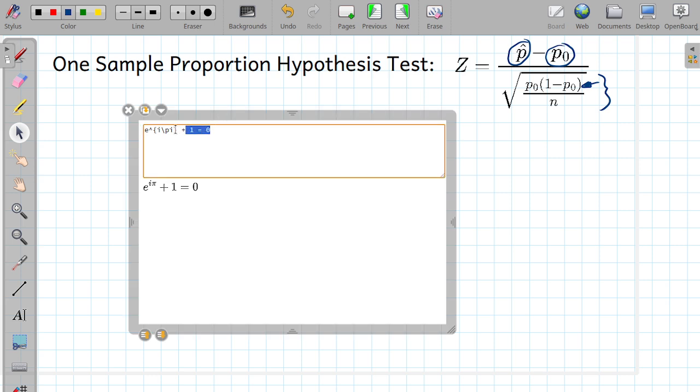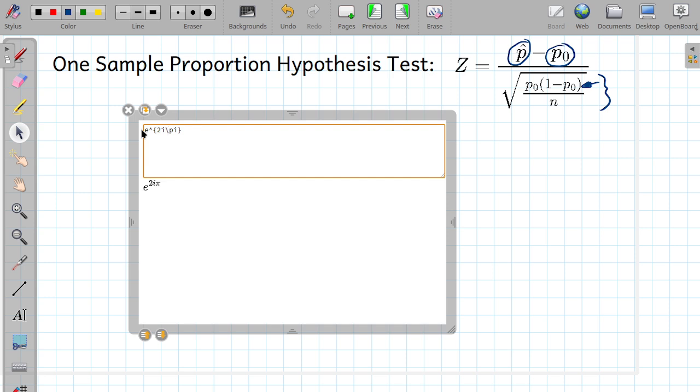So if I go in here like so, and I type e to the 2 pi, boom. Whoops, I missed the i. Darn it. e to the 2 i pi. Boom.